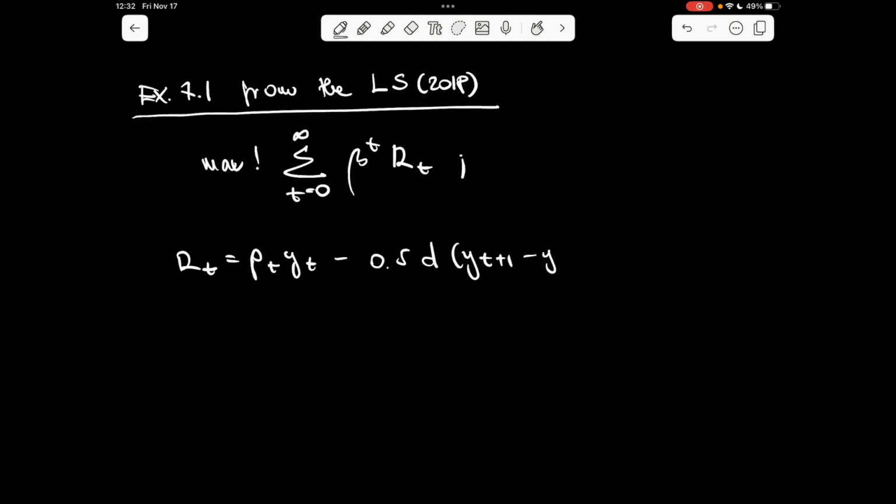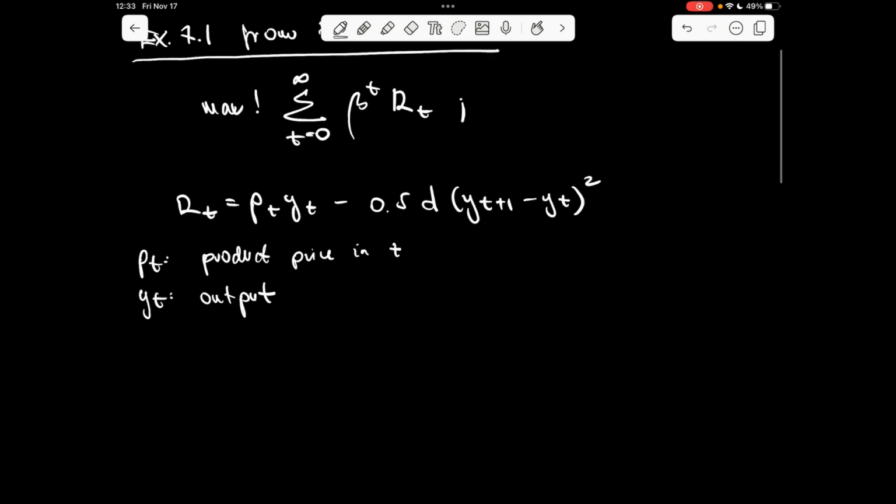Please note that production is fraught with a quadratic cost function. So p_t is the product price in period t, and y_t is output.